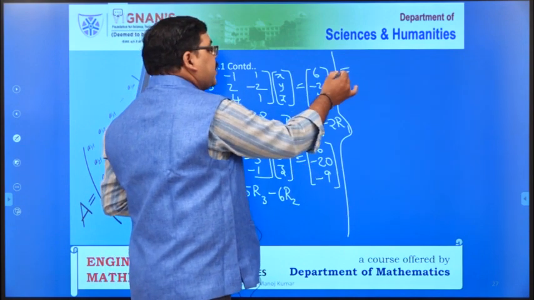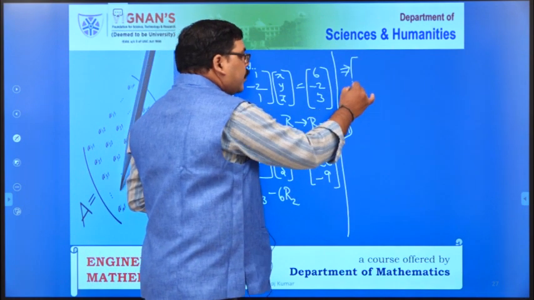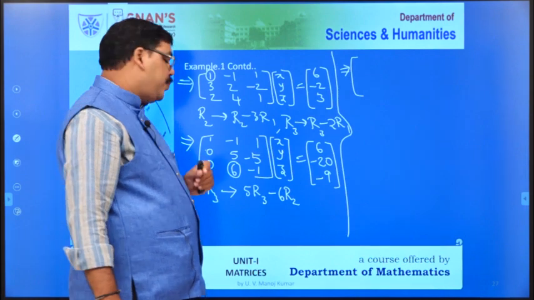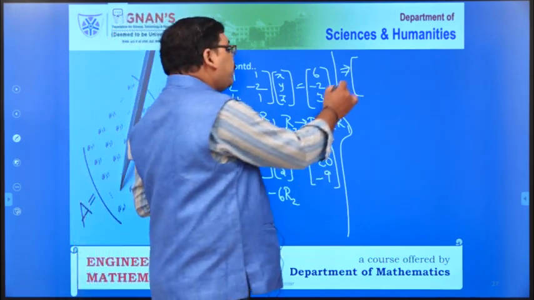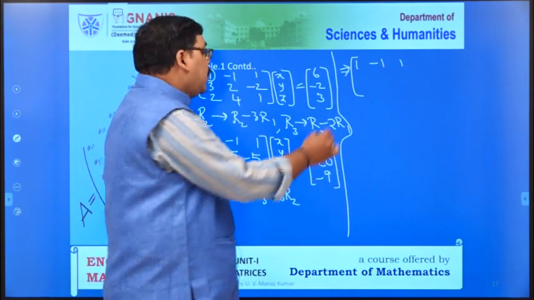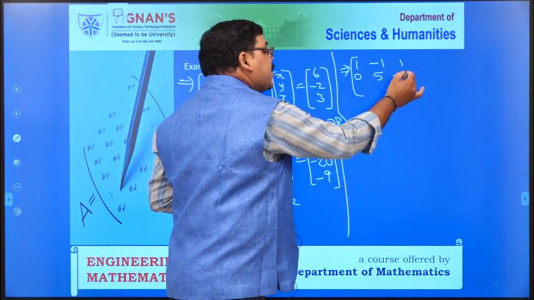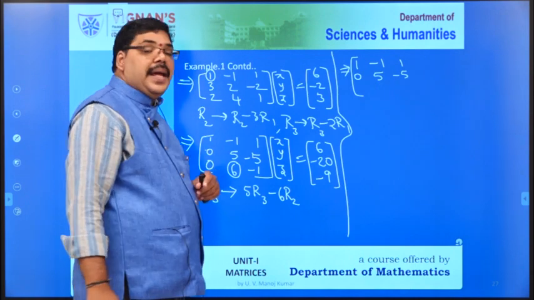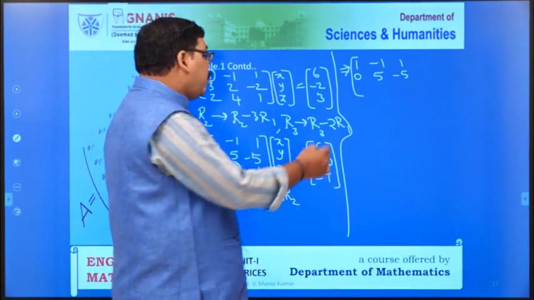matrix A reduces to: first row, second row, no change. So write them as it is, 1, minus 1, 1, 0, 5, minus 5. Now calculate the row operation there. 5 times R3 minus 6 times R2.